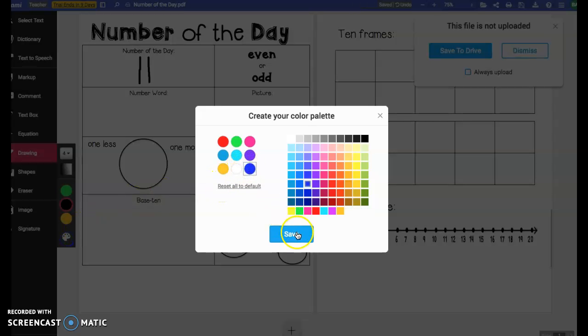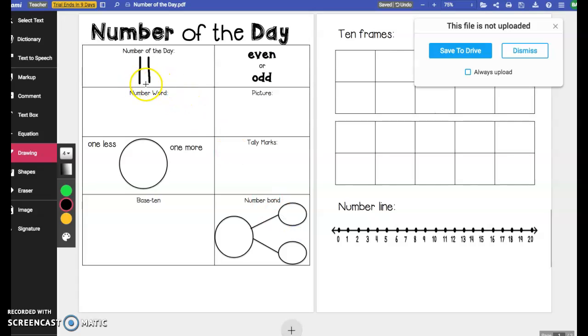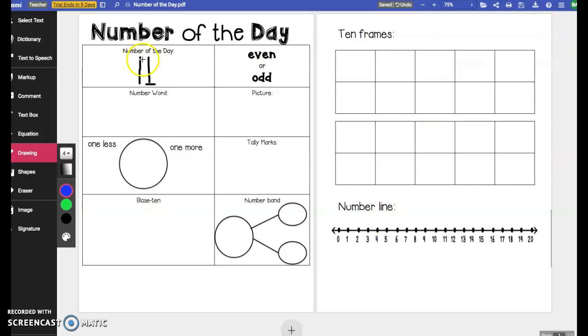All right, so let's look at the number in our ones place to decide if it is odd or even. So remember, you just have to look in the ones place. So if we were to only draw one circle, does it have a dance partner?